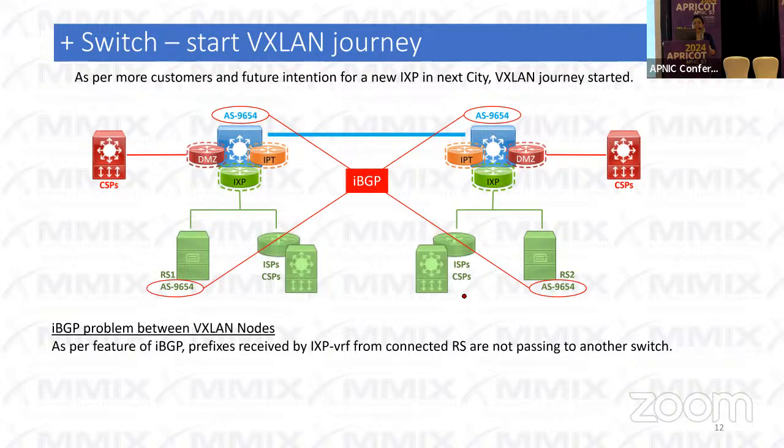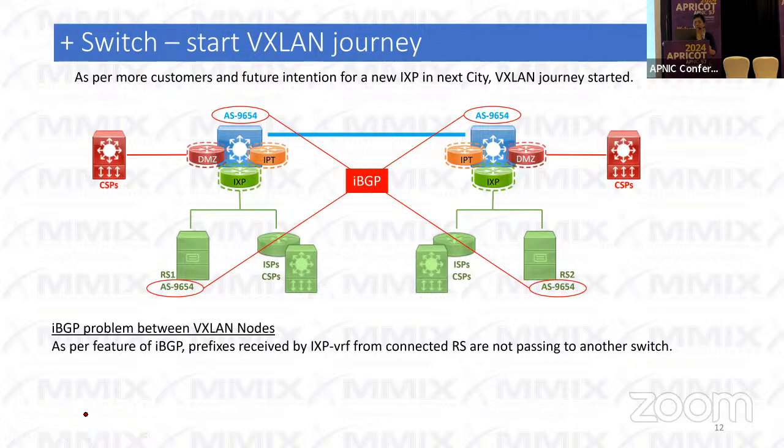After that, we noticed one major problem. Because of the iBGP feature, prefixes received by the IXP VRF from the connected route server are not passing to the other switch. That will be a big problem.